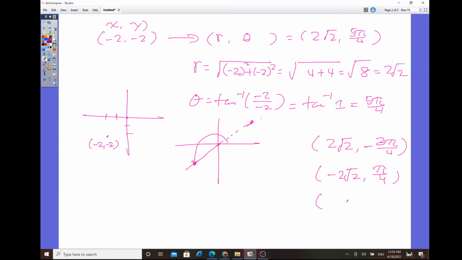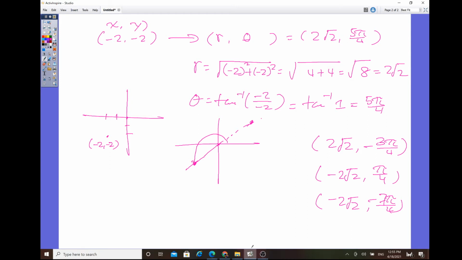We got a positive radius, negative radian. Negative radius, positive radian. And this one also could be done by negative negative. So let's say we go by negative 7 pi over 4 and then negative 2 root 2. So it's like 3 different ways to rewrite the polar coordinate.